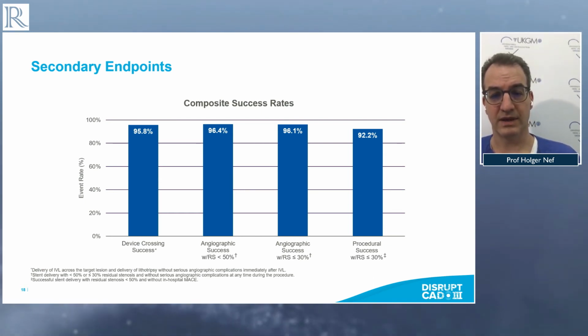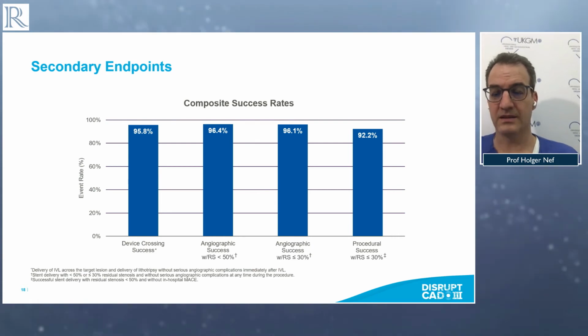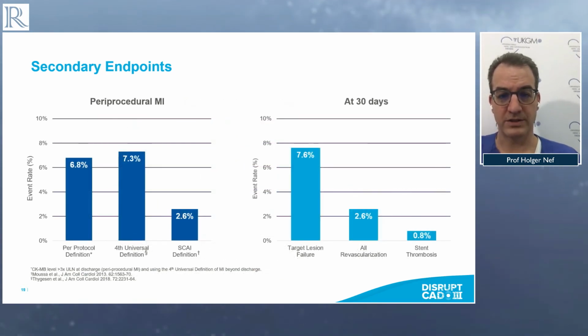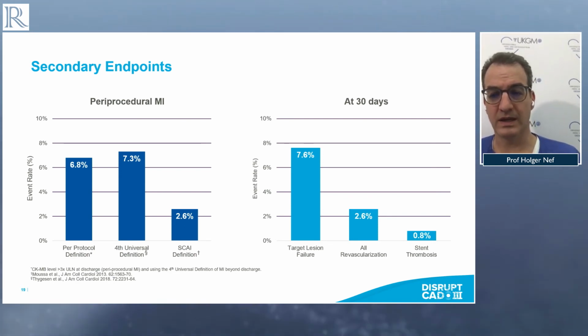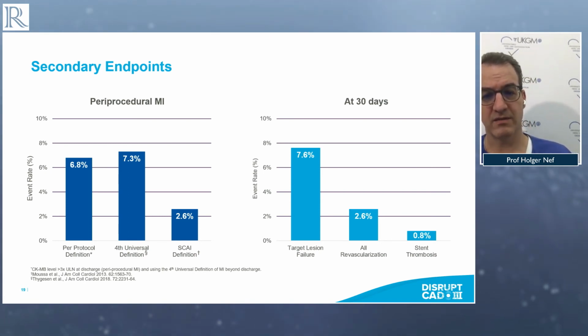And of course, we have this high composite success rate seen in this CAD3 registry. If you look at the peri-procedural MI using 3 definitions, none of these definitions was higher than 7%.